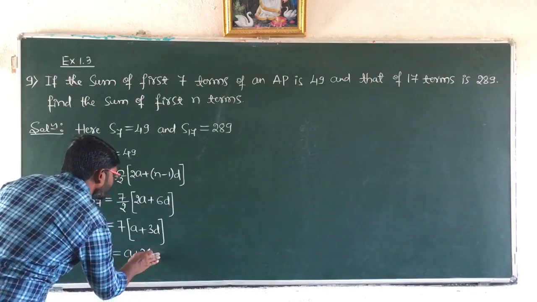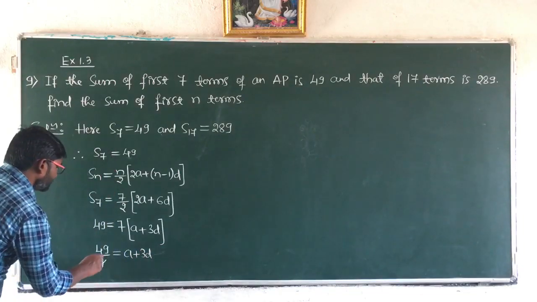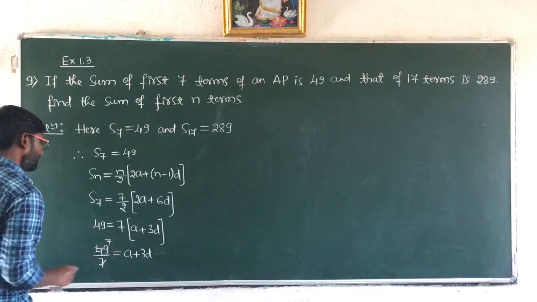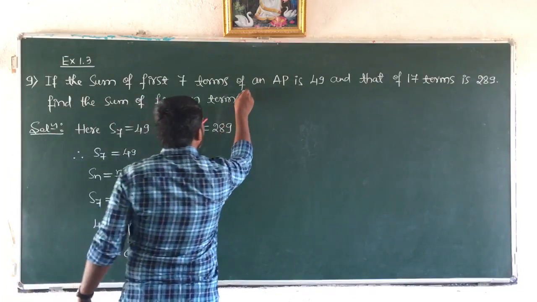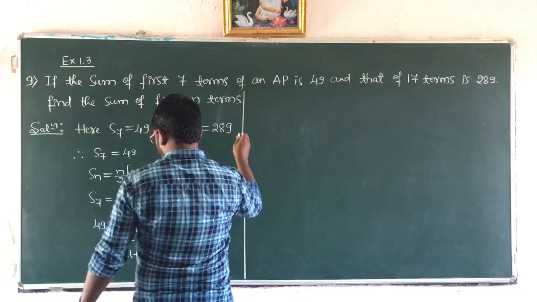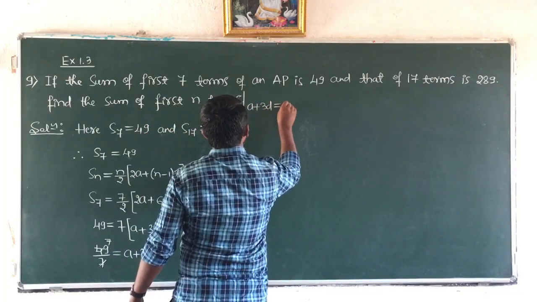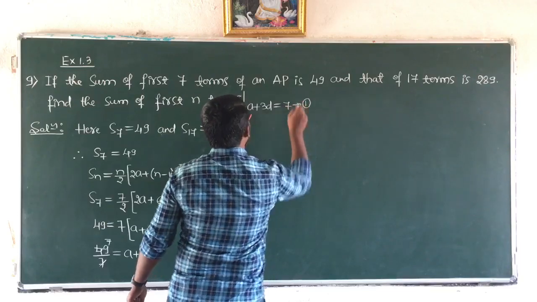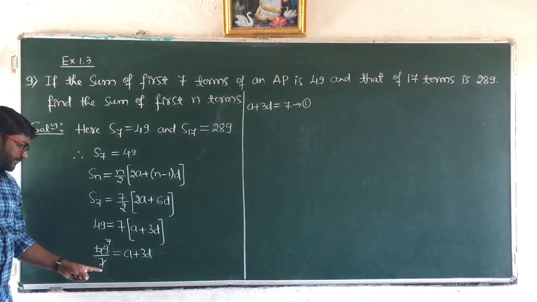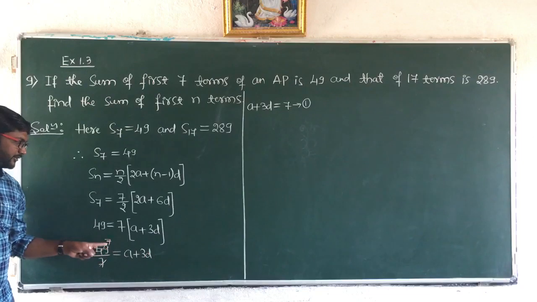So now it is 7 sevens are 49, so 7. So what is the equation now? A plus 3d is equal to 7. I call this as equation number 1.